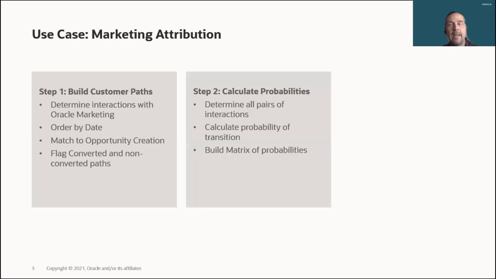Once we have a set of paths, we can use those paths to come up with the probabilities. This creates a matrix that gets put into the Markov chain process. Essentially, you're looking at the probability that you touch one campaign and then move to the next campaign, and you only look at the pairs of campaigns. I went to one campaign, what's the probability I go to the next campaign?